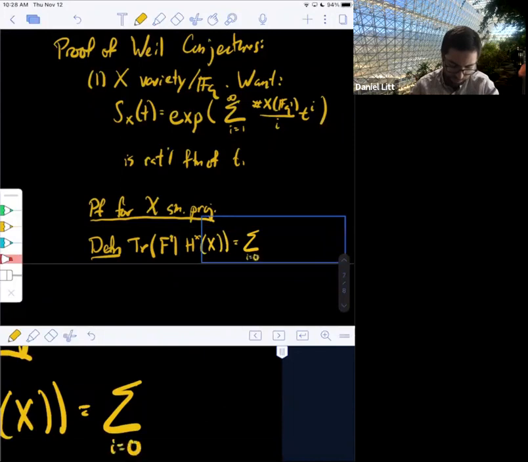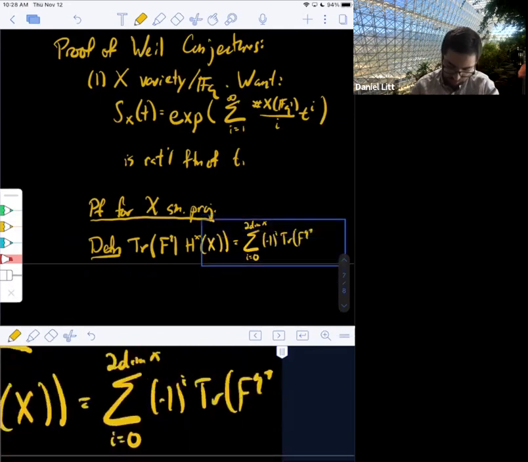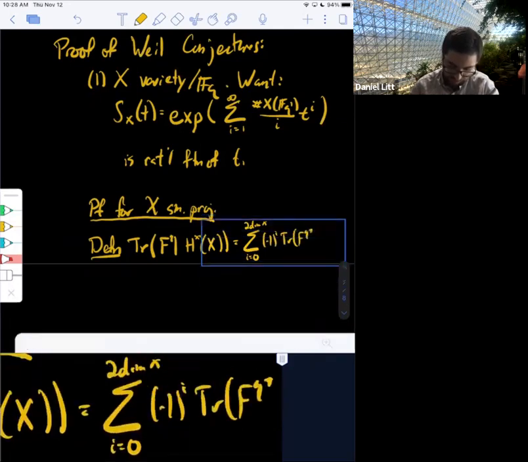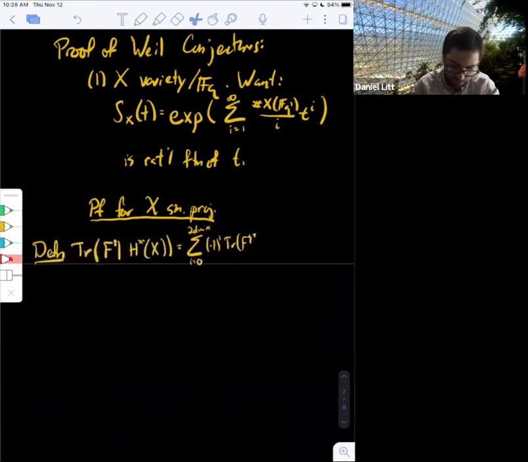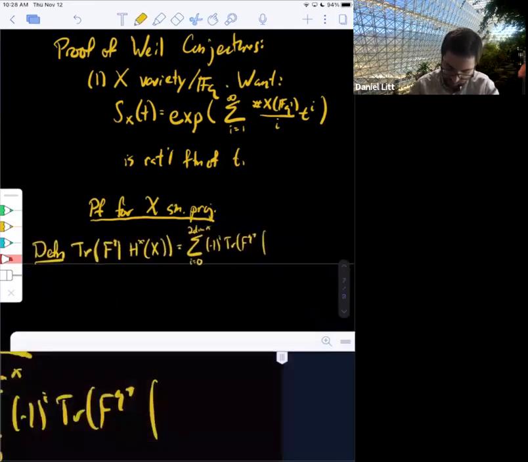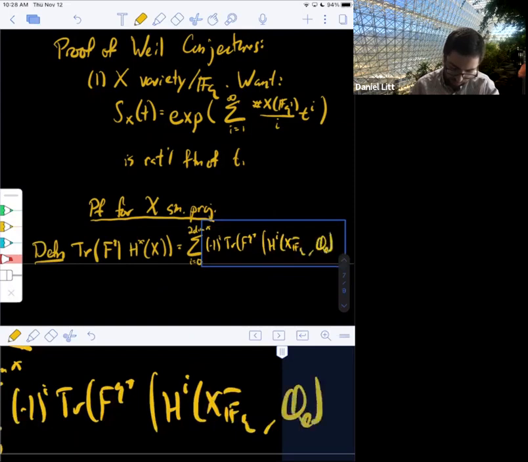It's the sum from i equals 0 to 2 dim X of (-1)^i times the trace of FQ star acting on H^i of X over FQ bar with Q_l coefficients.